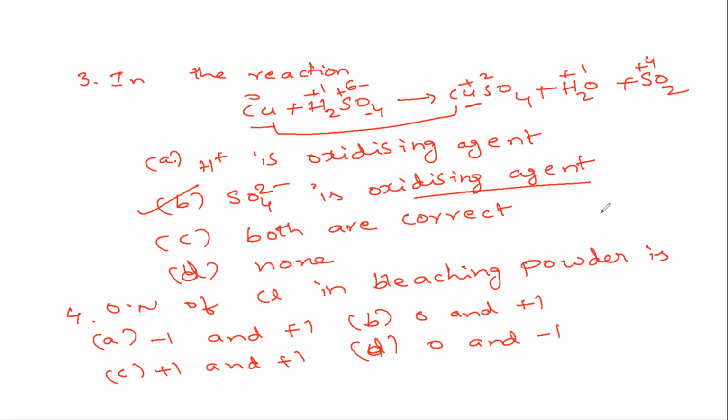So already we know the formula of bleaching powder. What is the formula of bleaching powder? It is calcium oxychloride, CaOCl2.